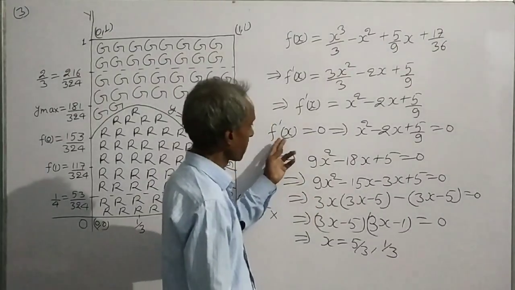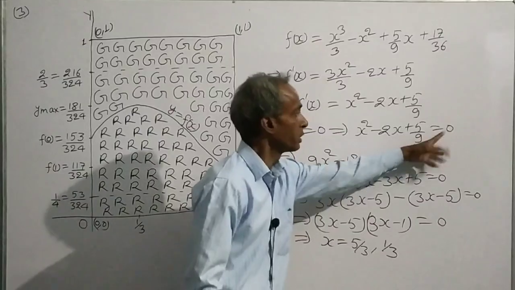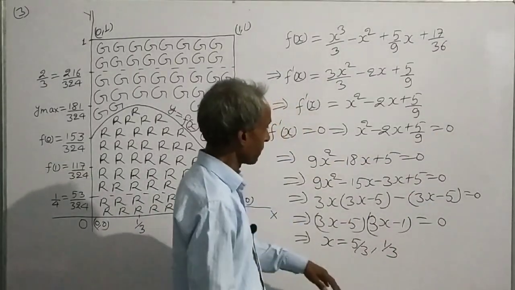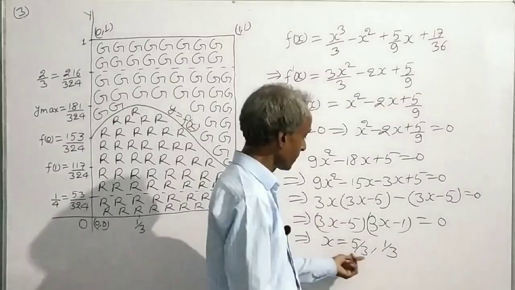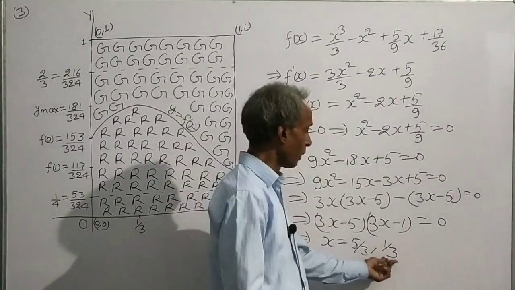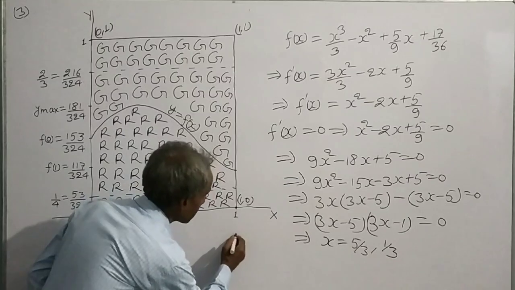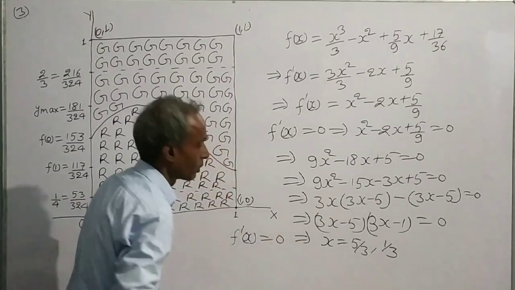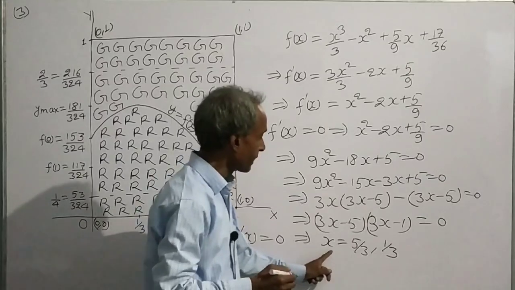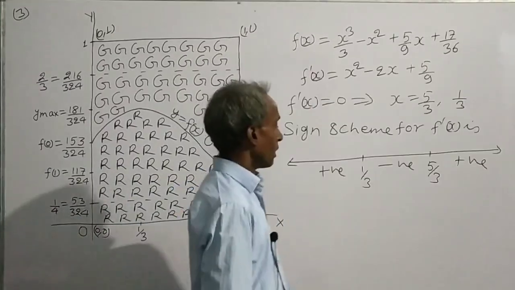Therefore, we write f'(x) = 0. After simplifying and solving this, we get x = 5/3, 1/3. That means f'(x) = 0 implies that x = 5/3, 1/3.